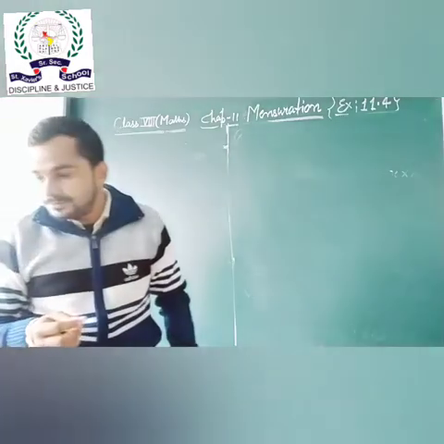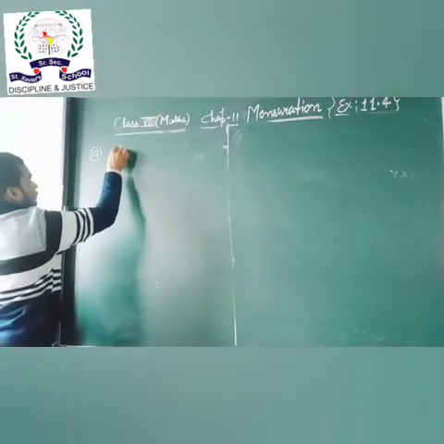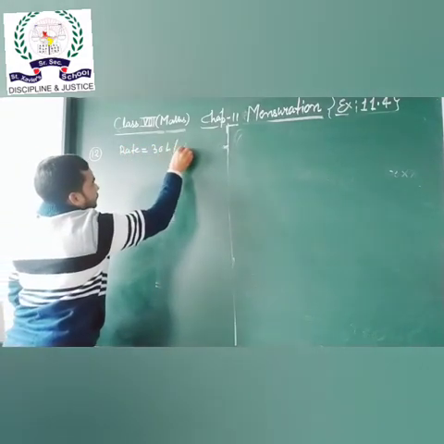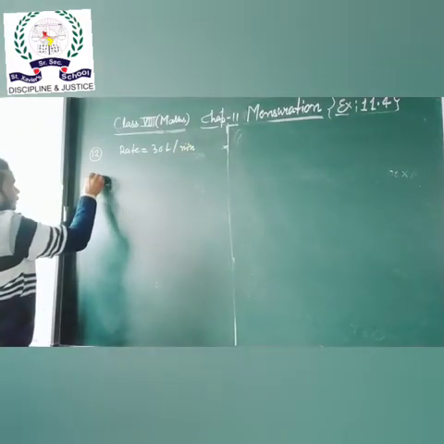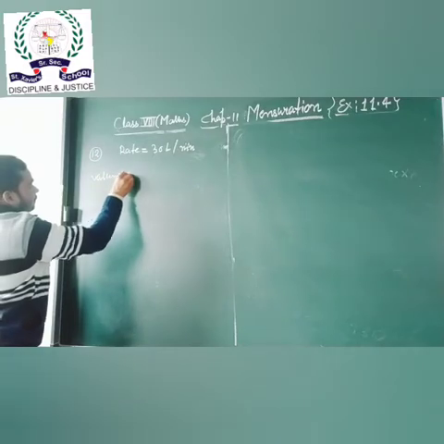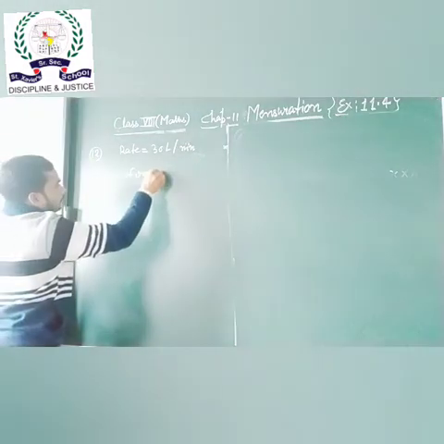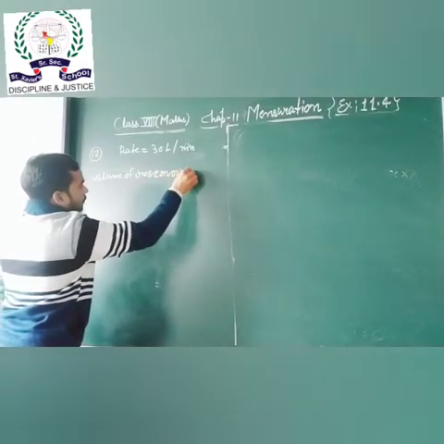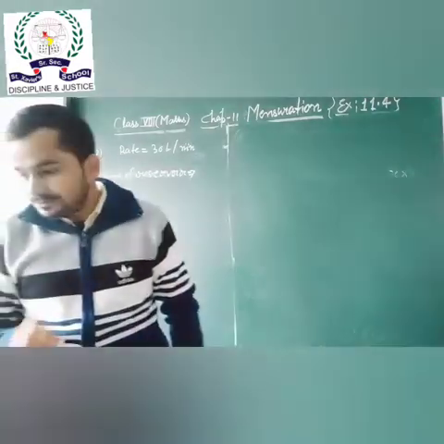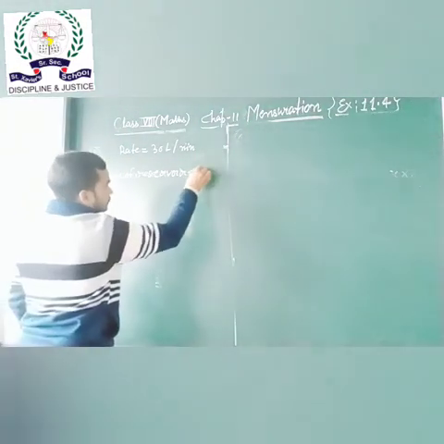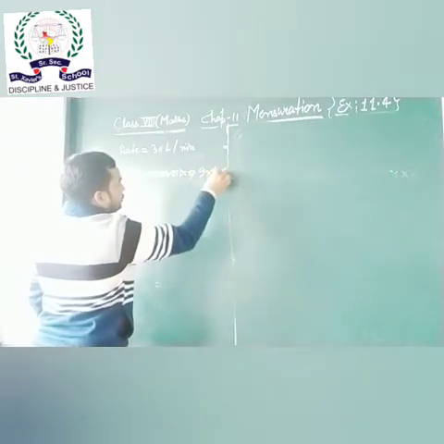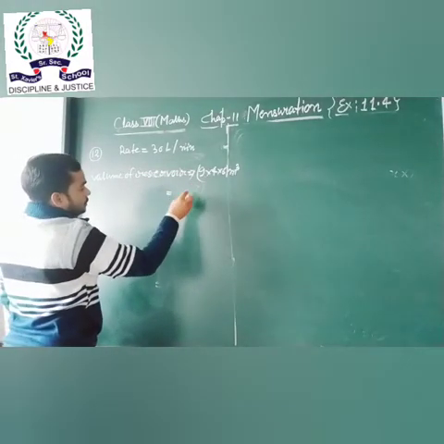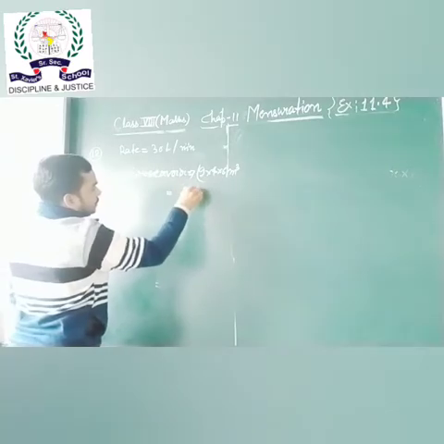Rate of water is given, liter per minute. Then find the volume of the reservoir, equal to length into breadth into height, 9 into 4 into 6 meter cube. 9 4s are 36, and 36 into 6 is 216 meter cube.